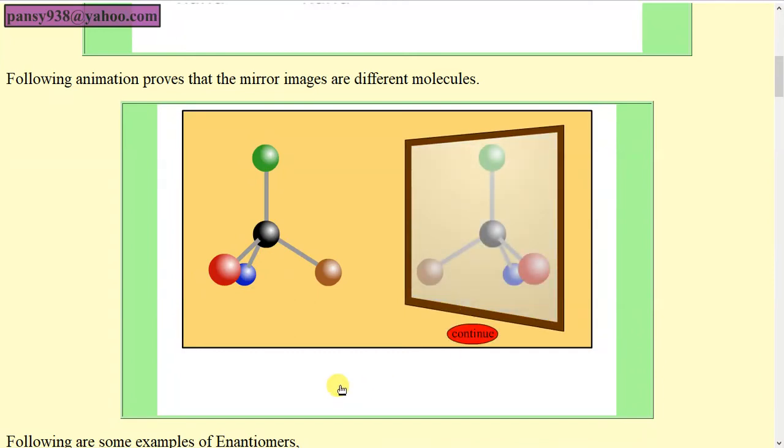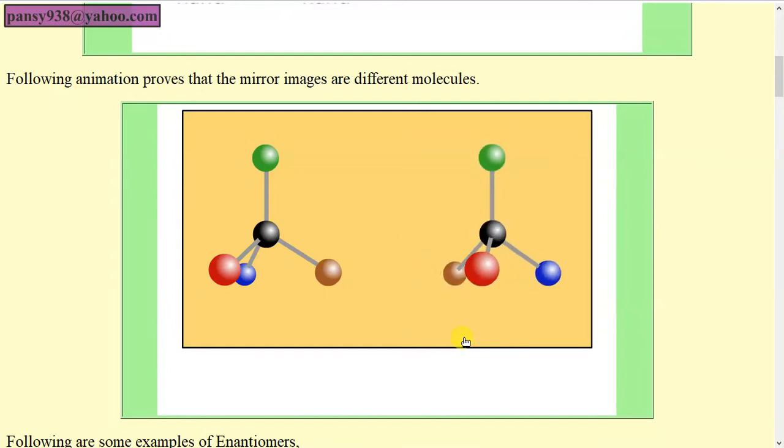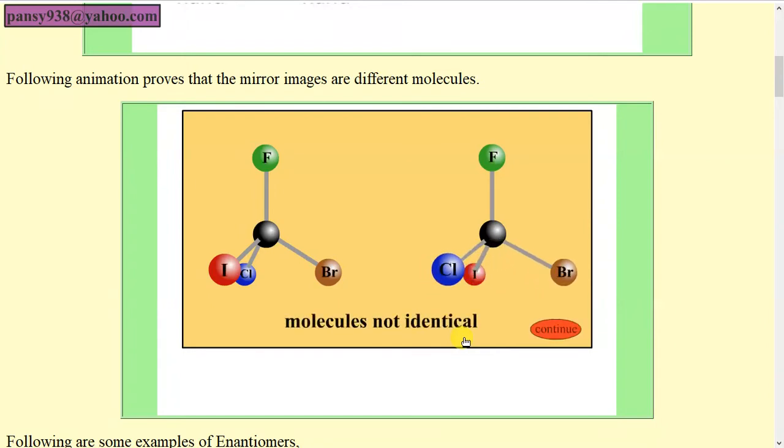If we place a mirror in front of this molecule, you will have an image like this. And on rotating, imagine a rotation, or take a 3D molecule, you will observe that when we rotate this molecule, it is not like the original one. So they are not identical.